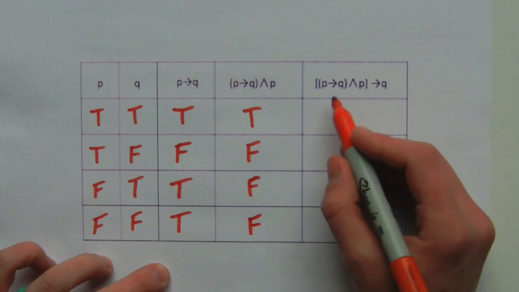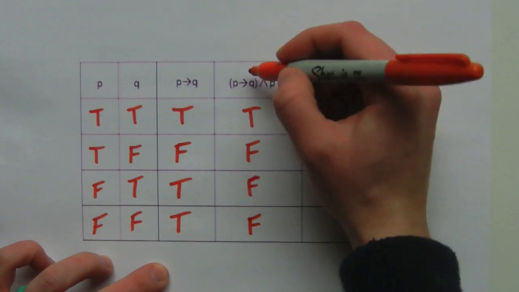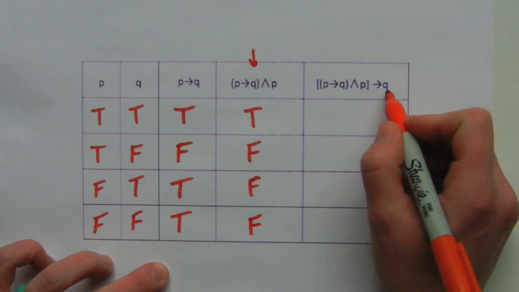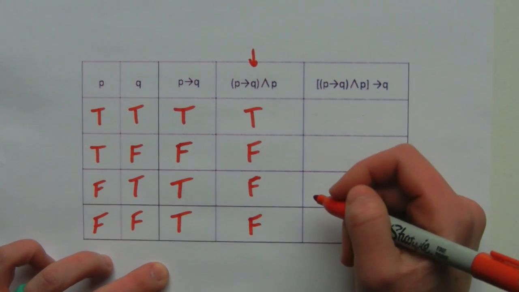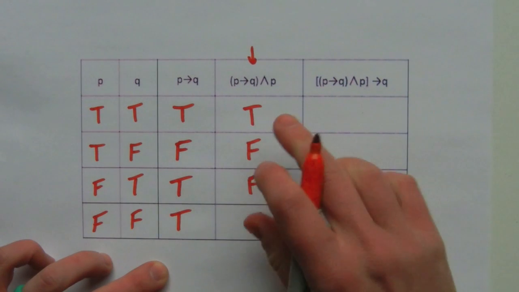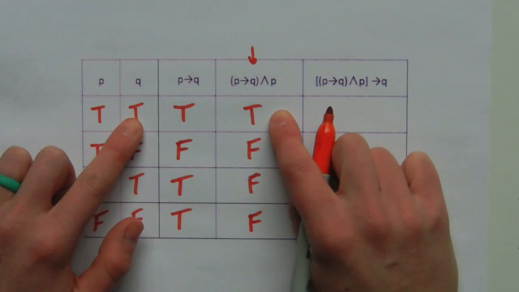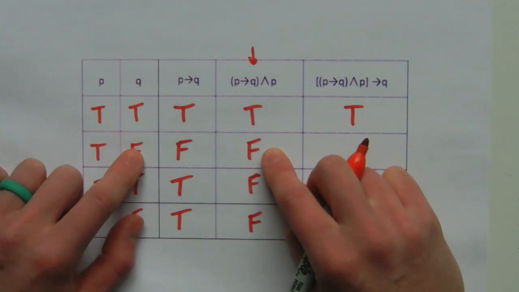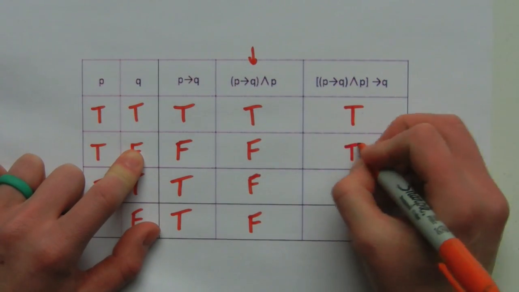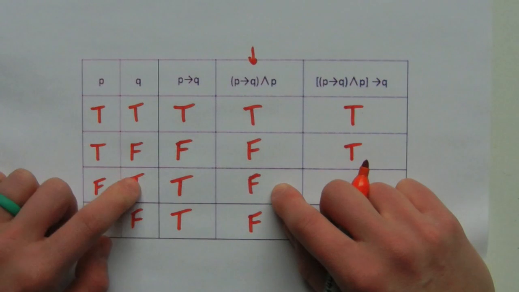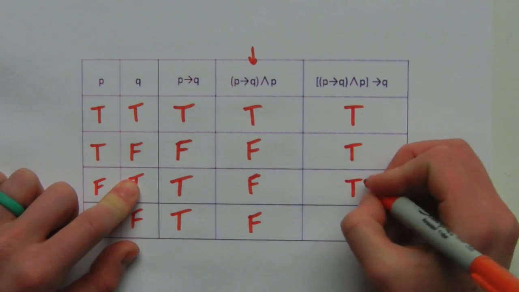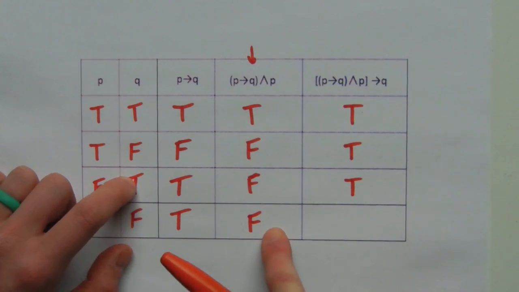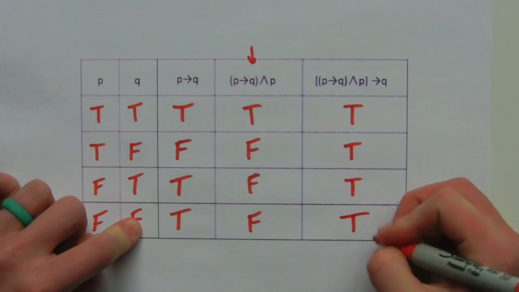So now we're looking at P implies Q and P, which is this column here, and we're looking to see if that implies Q, if that's true. So true implying true is true, false implying false is true, false implying true is true, because you can have a false hypothesis that leads to a true conclusion, and false implying false is true.